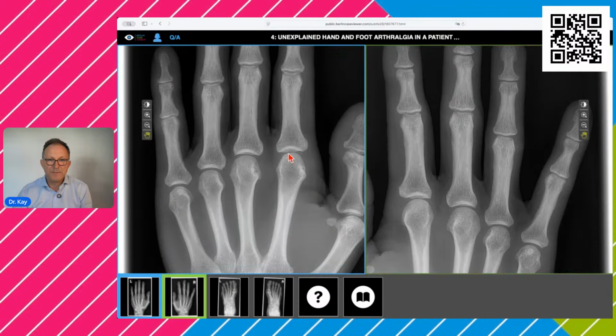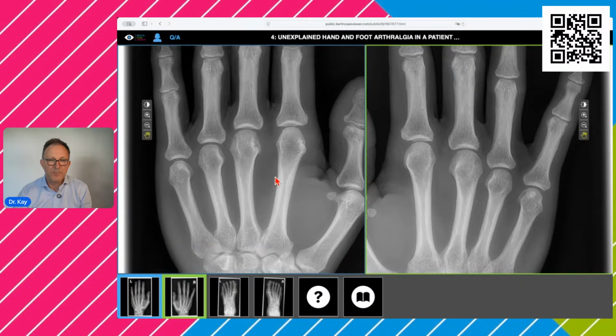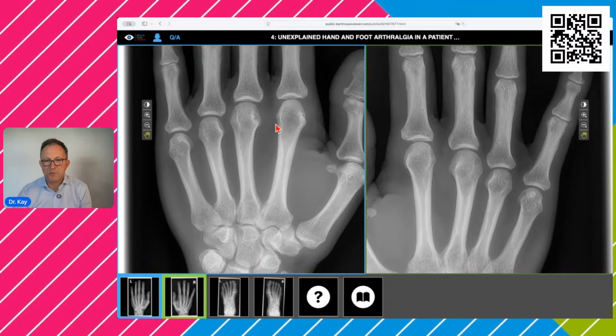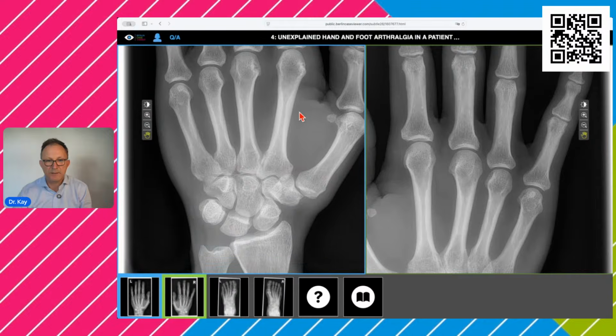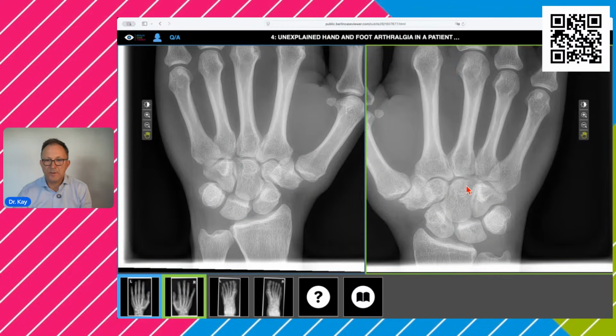We have the MCP joints. And if you compare MCP joints, so this is the sesamoid. This is the fourth, the third, the second. So I would say there's some small cystic area here in the third MCP joint and maybe here. But I would not make any conclusions out of it. I would just write it down. And then looking at the wrist, we can see it's all looking good.